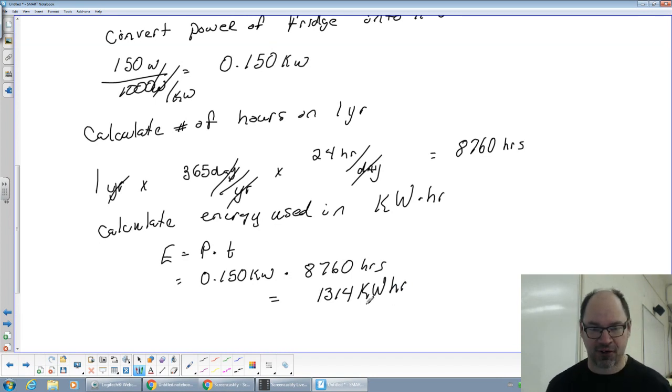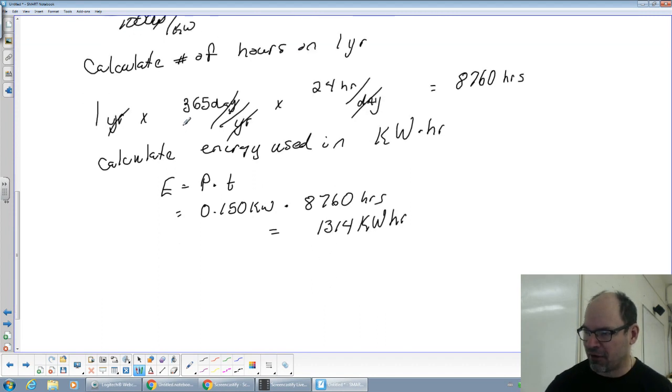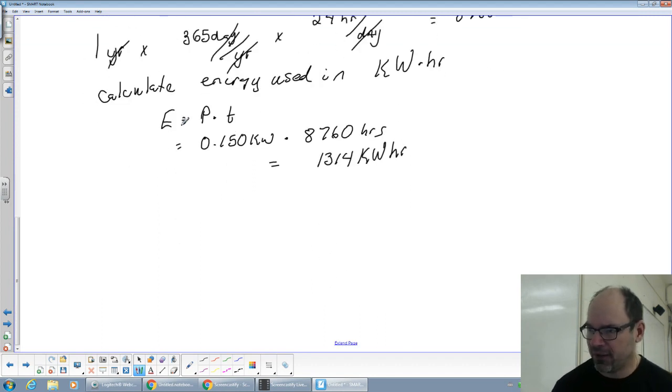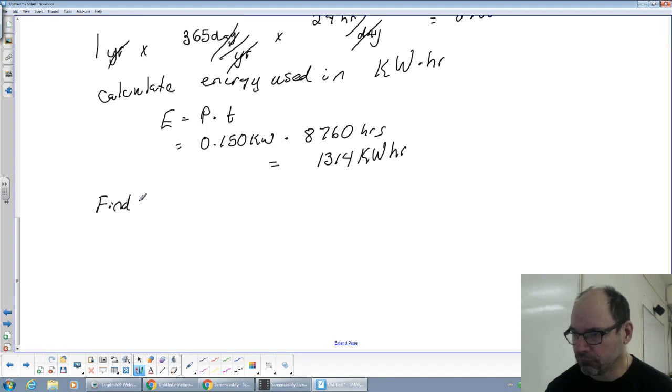Okay, that doesn't give us the cost. Now we have to multiply the kilowatt hours by the cost. So find the cost: price times number of kilowatt hours.